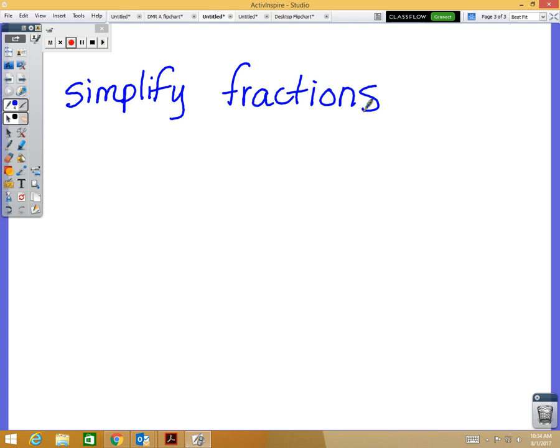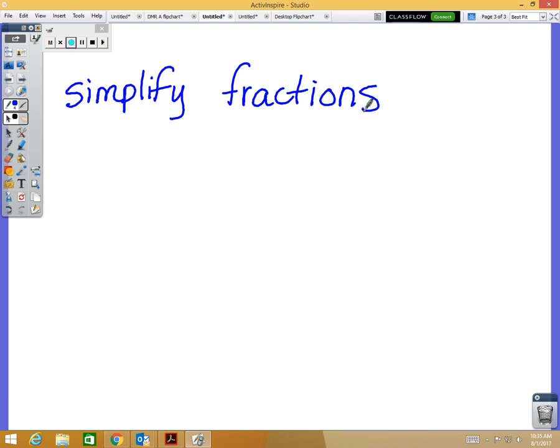Yes, ma'am. Okay, good. I'm glad you added that part. Getting it as small as you can get, but still having an equal amount, the same value. We don't want to change the value of it at all.